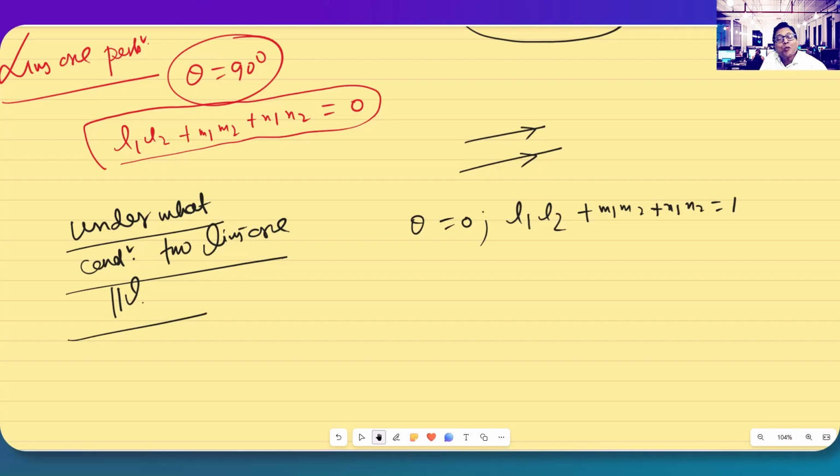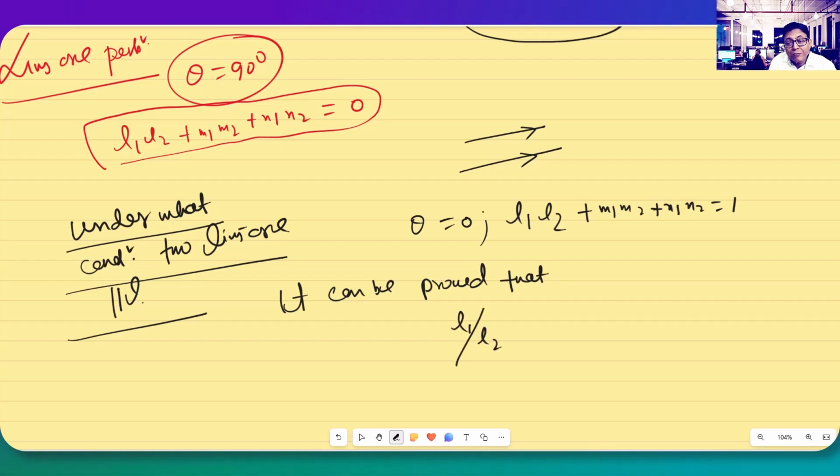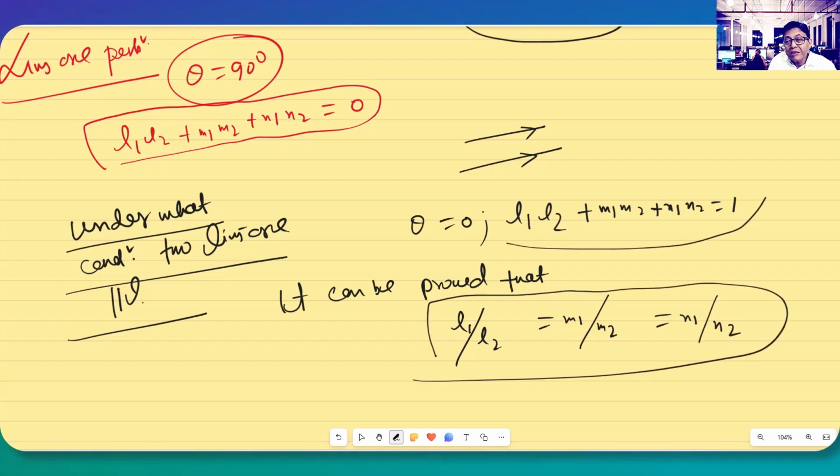But we can prove that for parallel lines, it can be proved that L1 by L2 equal to M1 by M2 equal to N1 by N2. So this is an equivalent condition of this thing, but application wise this is more useful.